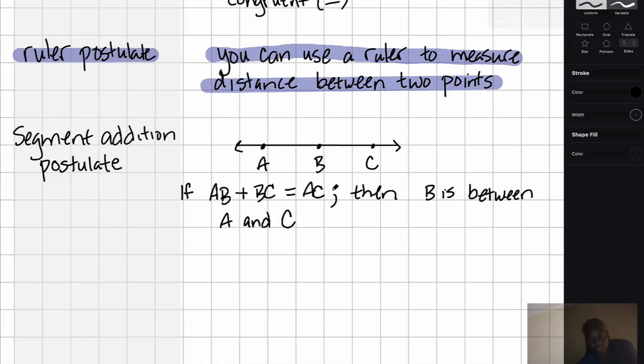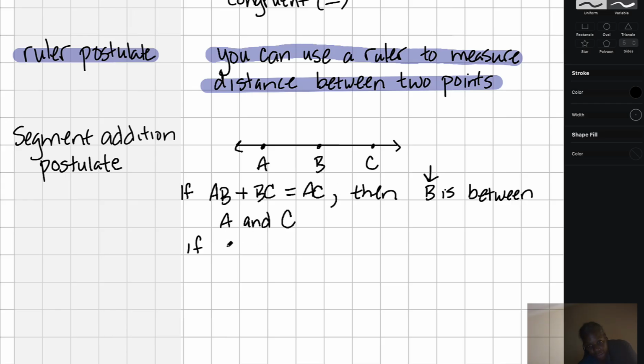Watch this. The first part of the postulate says if AB plus BC is equal to AC, if this plus this is equal to the whole thing, then we know that B is between A and C, all right? Now this next one is still the same postulate, but it's going to say it in a different order.